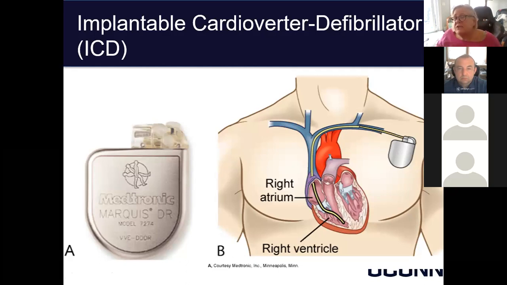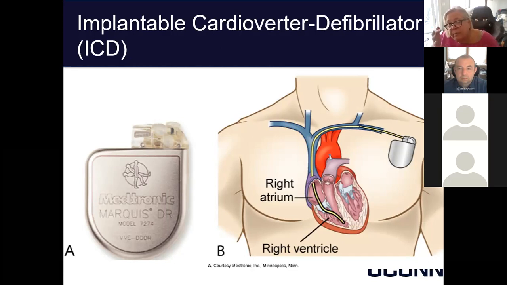This is essentially a pacemaker that has a lead going in that's tracking the heart rate, the contractions. When it gets above a certain rate, it will release a shock internally to try to reorganize the electrical conductivity in the heart.